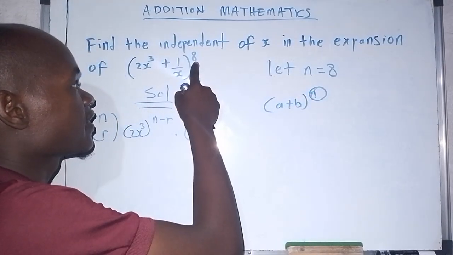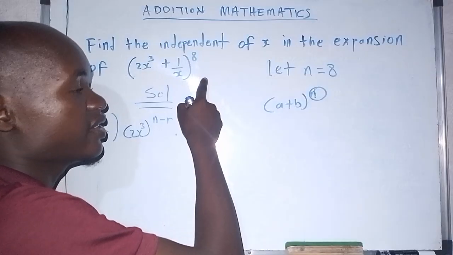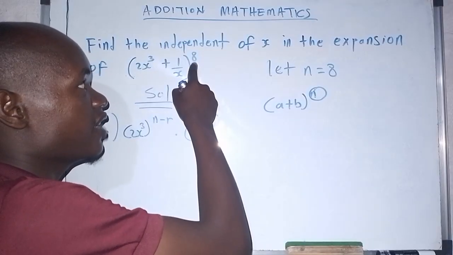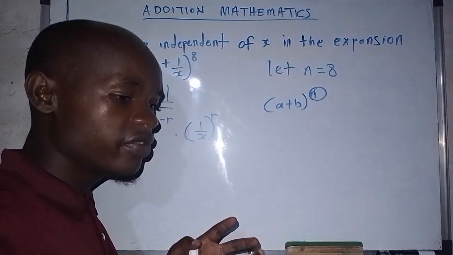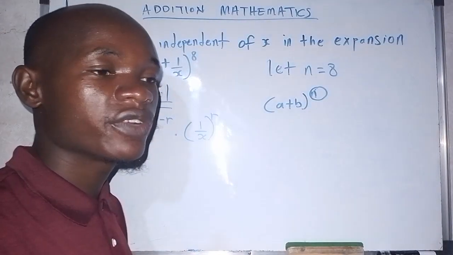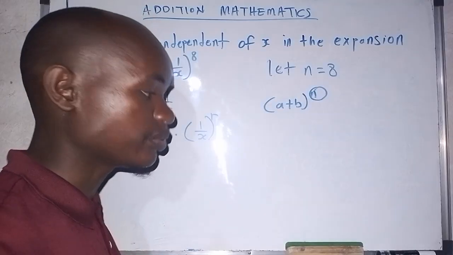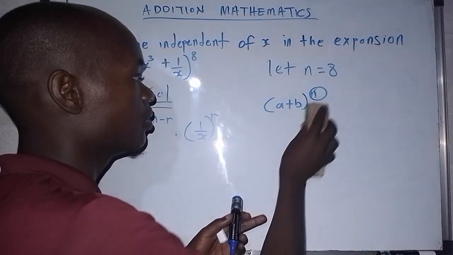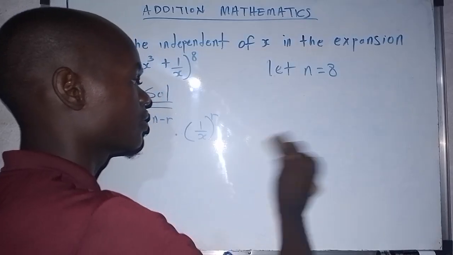In this case, this 8 is n. So since this 8 is n, that's why we say let n be equal to 8. If here there was a power of 12, we could have said let n be equal to 12. Okay, now let's solve the question.